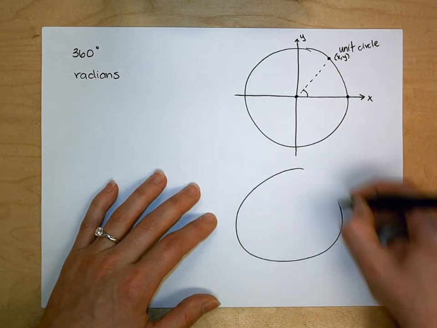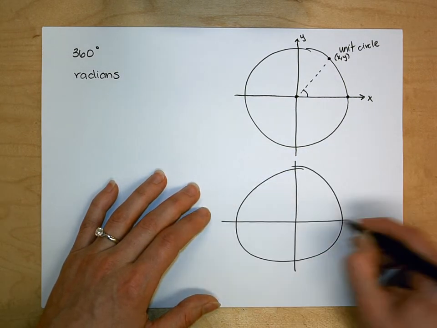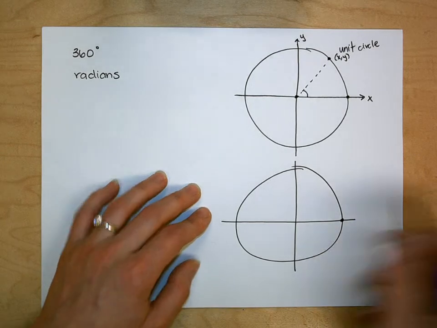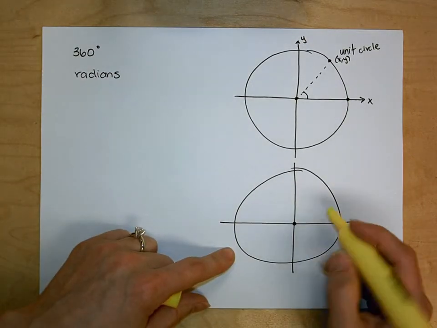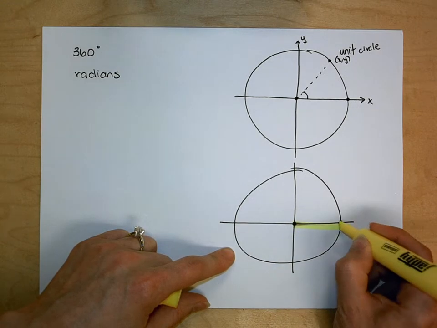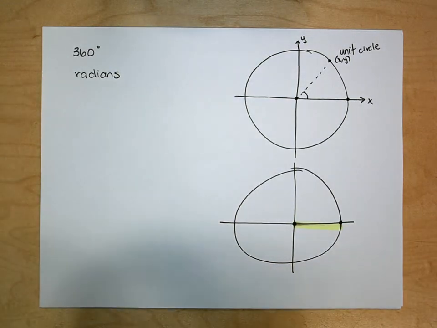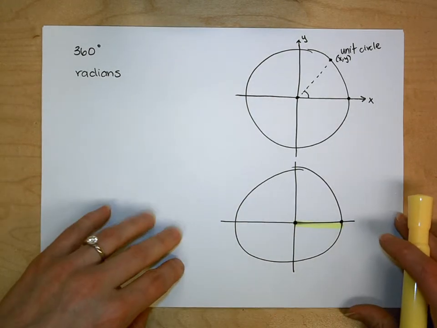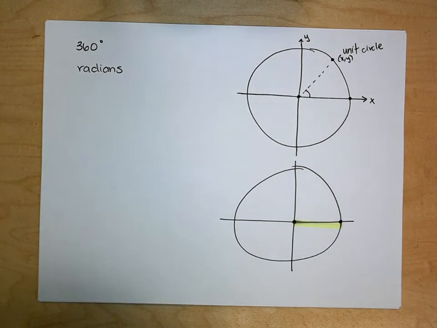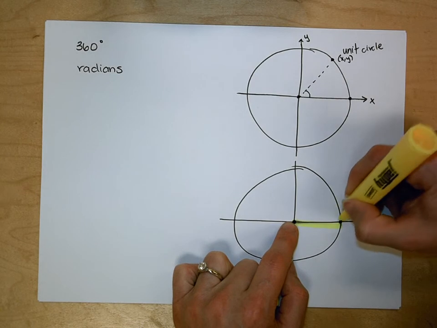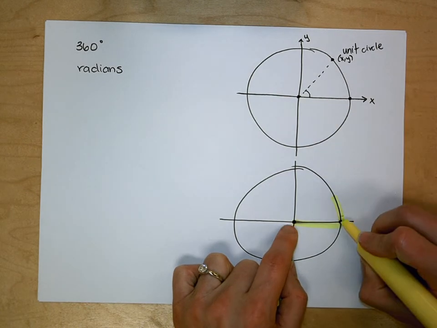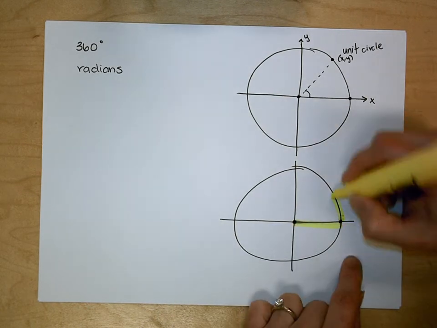So if I take my circle and I start here, let's take a look at this distance right here. The distance from the center out to this point. Now we know that that distance is 1 because again we're on the unit circle. So if I wanted to look at 1 radian, that would be how far up the curve I would have to go so that this distance is the same as this distance.